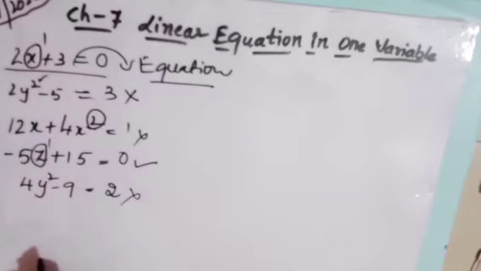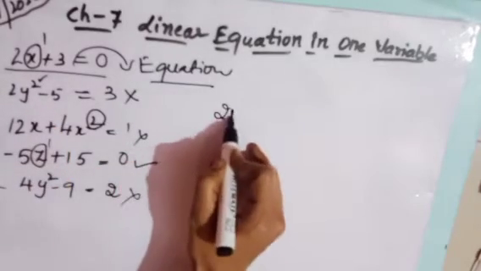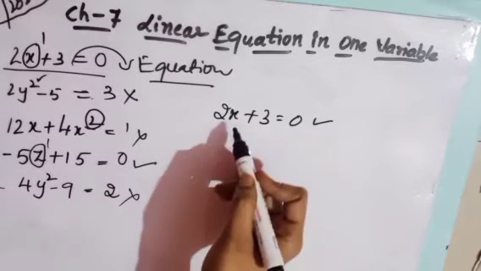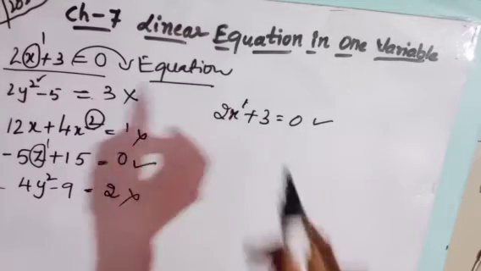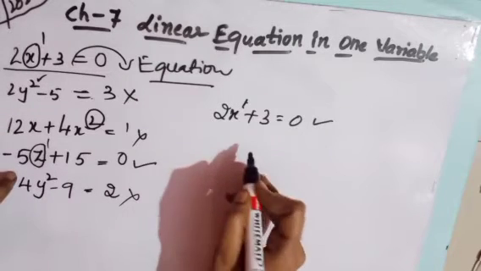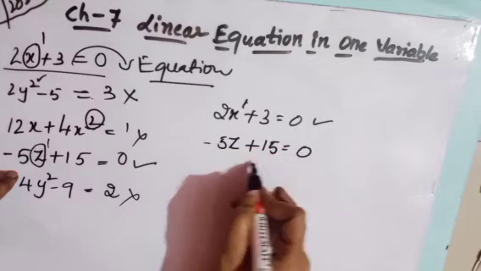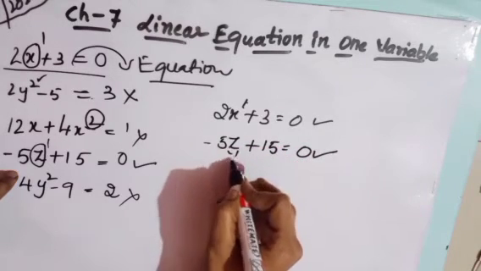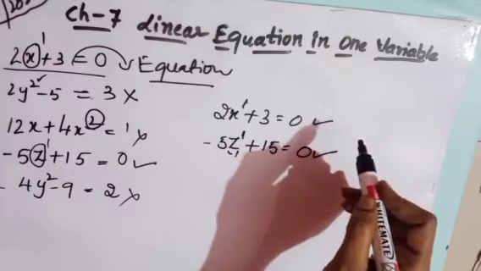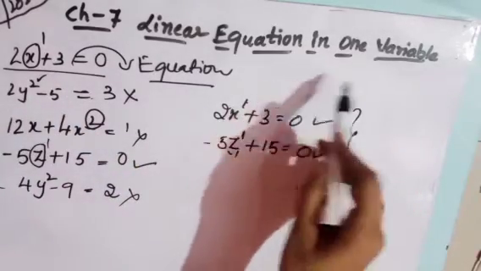So the linear equations in this example are 2x plus 3 equals 0, having only one variable whose degree is 1, and minus 5z plus 15 equals 0, having only one variable whose power is 1. So these two are the linear equations in one variable.